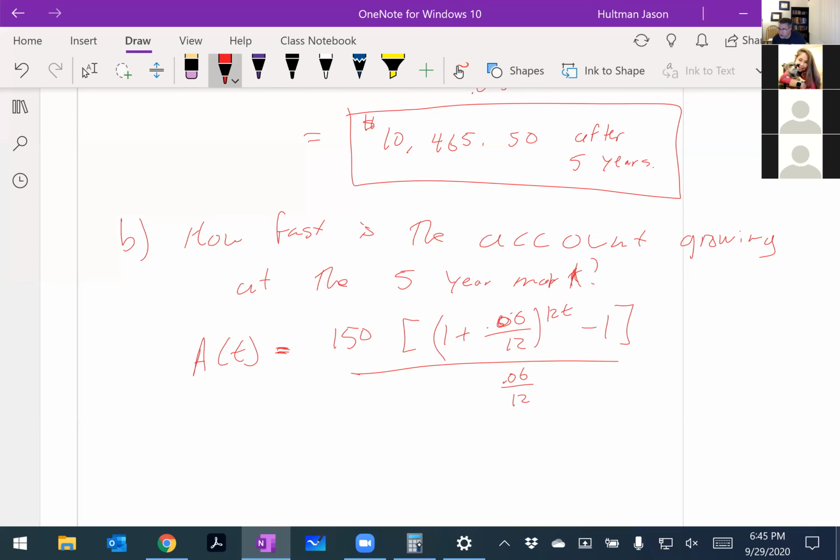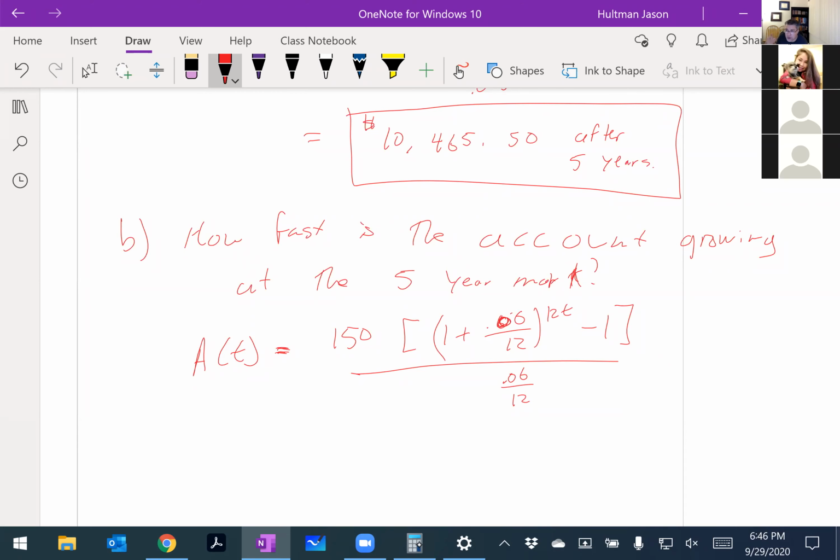Now, the one thing that I do not put in is t, because t is the thing that is changing. So I do not plug in the 5 right now.